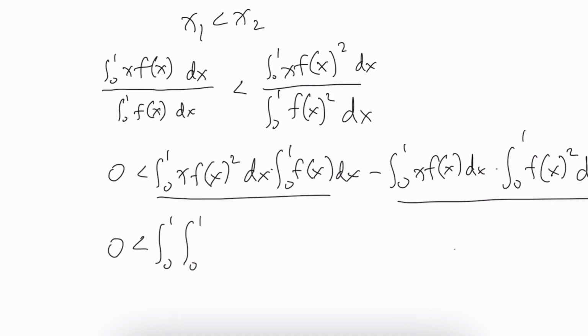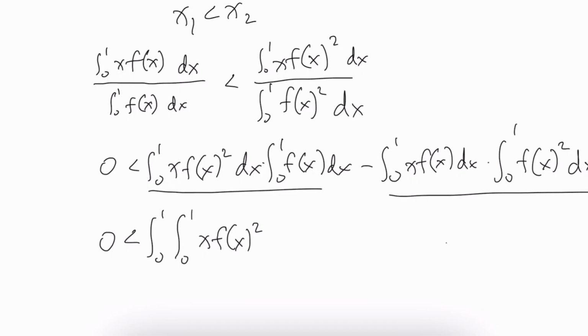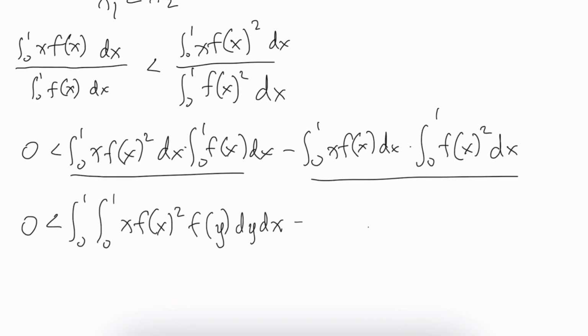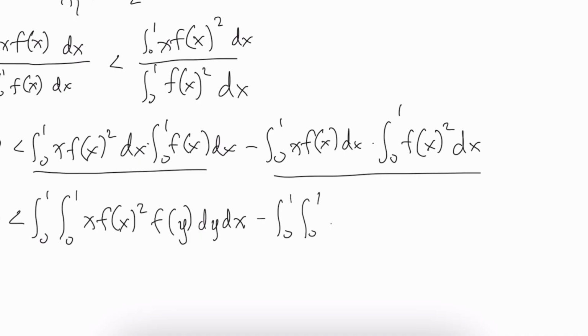Over the area from 0 to 1 of x and y, we can make the first term with respect to x, and the second term with respect to y. And similarly for the other one, it's over the same area of f of x times f of x times f of y squared dy dx.